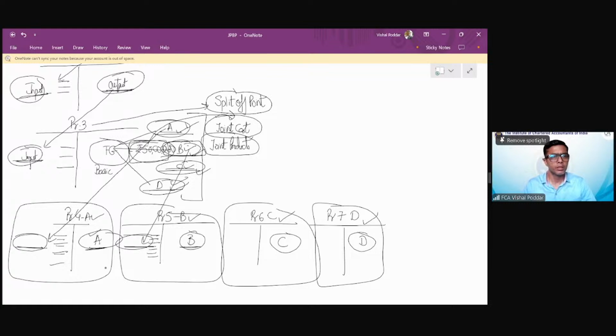Now, after segregating these products into four, these processes, which will now be carried out on each product separately, are called further processing.